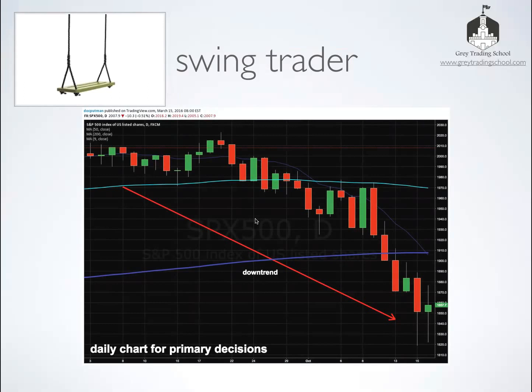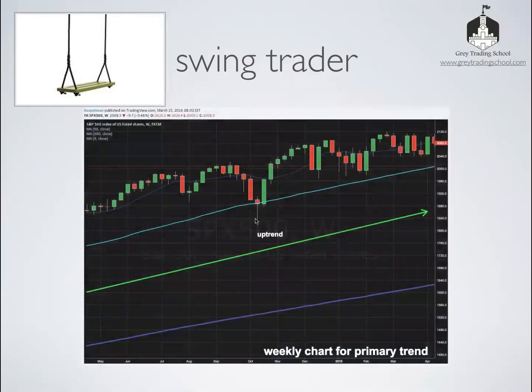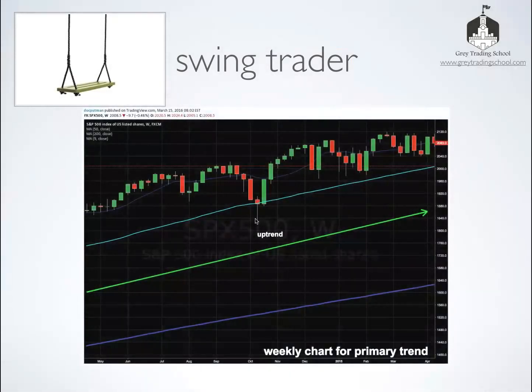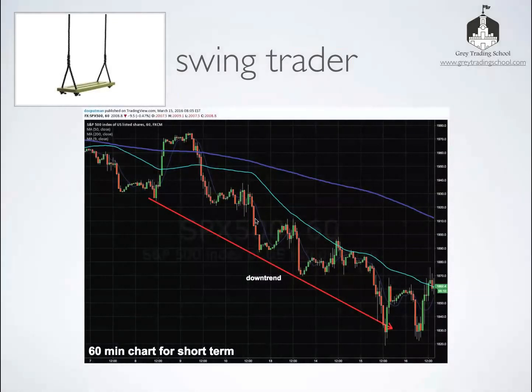This is a downtrend on the daily. That same swing trader would use the weekly charts to define the primary trend, which is upward. And then that same swing trader could use a 60-minute chart to define the short-term trend.